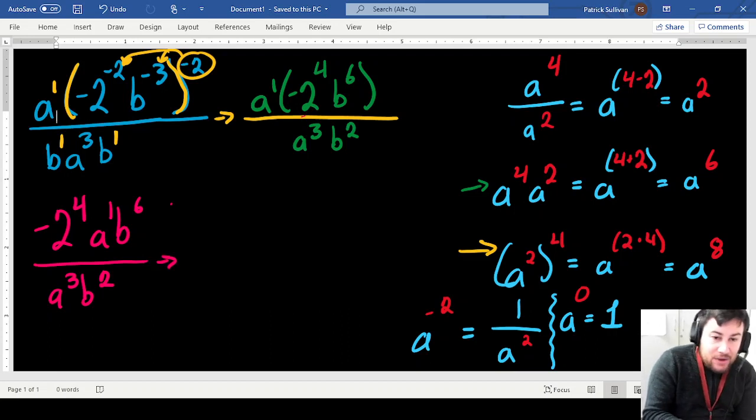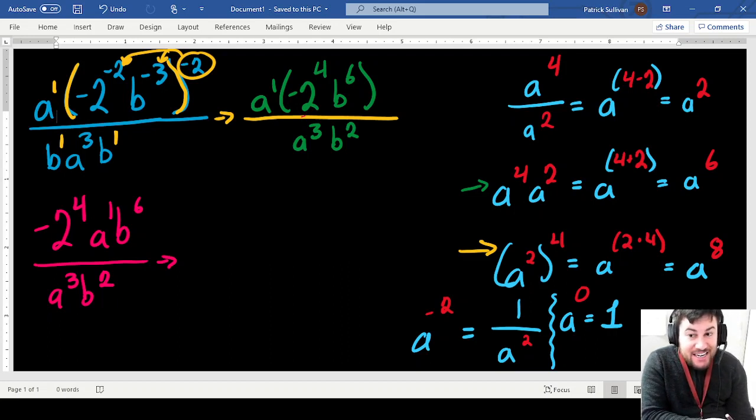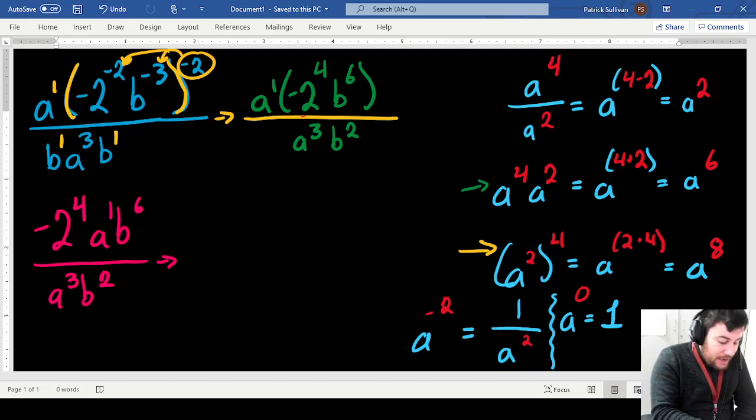Now, I always like to tackle my coefficients first. In this case, I have the opposite of 2 raised to the fourth power. You'll notice I said that differently than -2 raised to the fourth. There are no parentheses here, and when there are no parentheses, you're not taking -2 to the fourth.